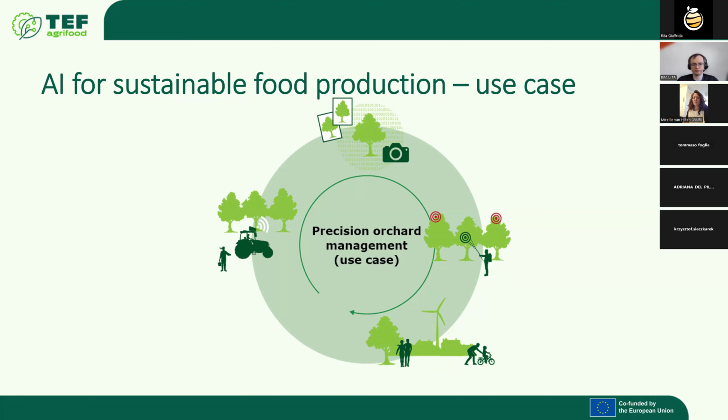So I'm using an example of a use case that scans images while driving through an orchard. So it's like a tree nursery, and you can imagine that there are pests or growth issues, or pruning needs to be done, or maybe targeted spraying.